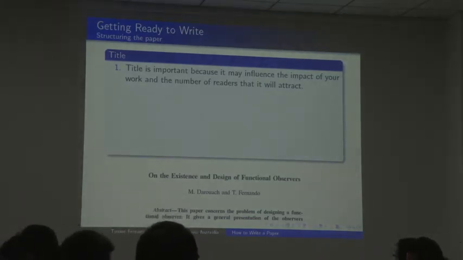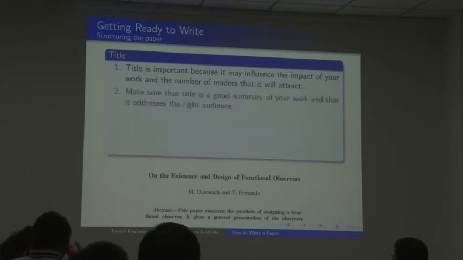Of course, the paper is going to have a title. We need to give a title, because the title is important: it may influence the impact of your work and the number of readers that it will attract. We need to have the correct title. Make sure that the title is a good summary of your work and that it addresses the right audience.